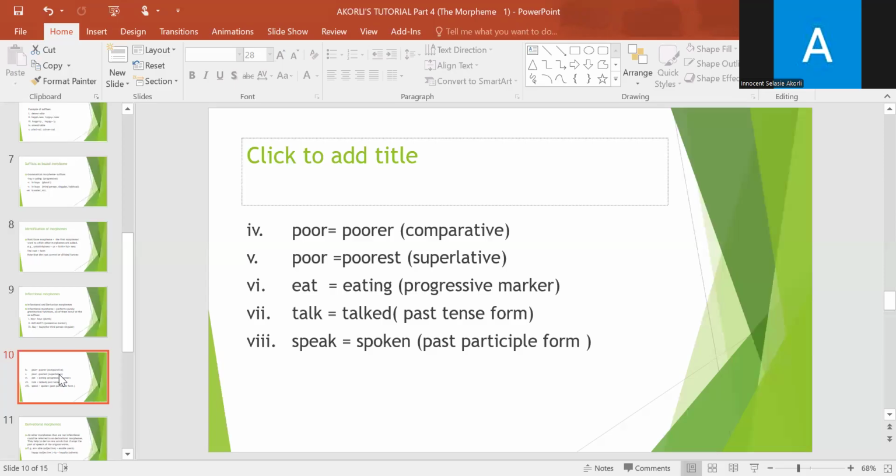Eat and eating. The ing added to it marks a progressive form of the verb. Both are verbs. Talk and talked. The ed added to talk is a past tense form, but both of the forms are verbs.